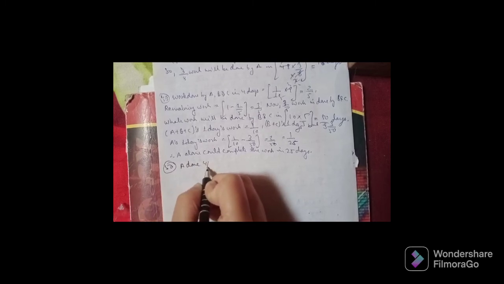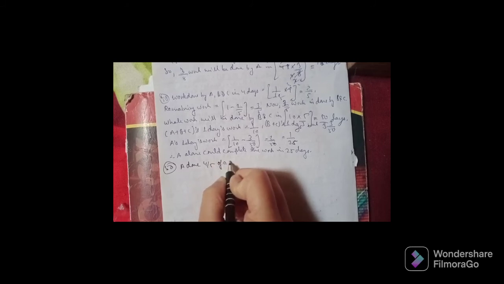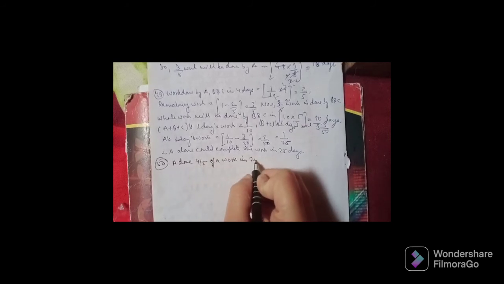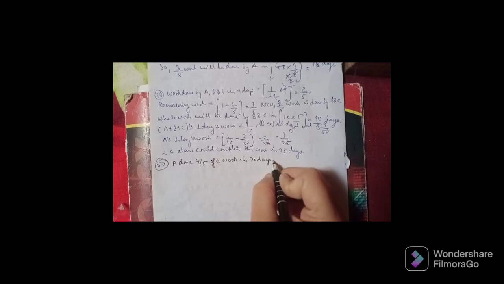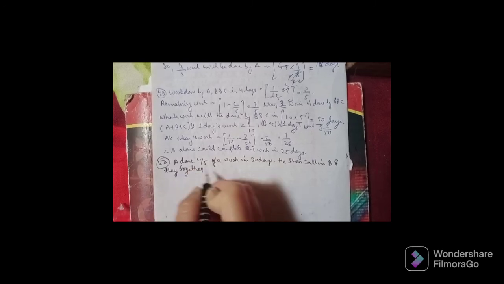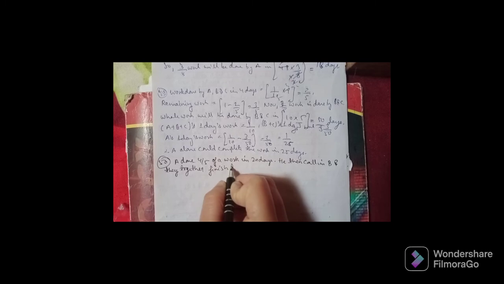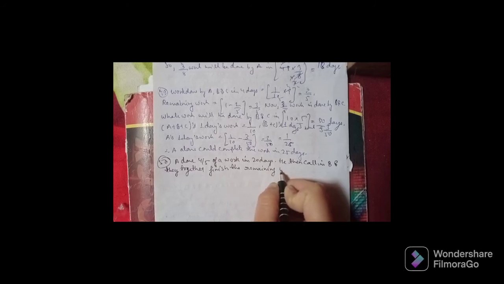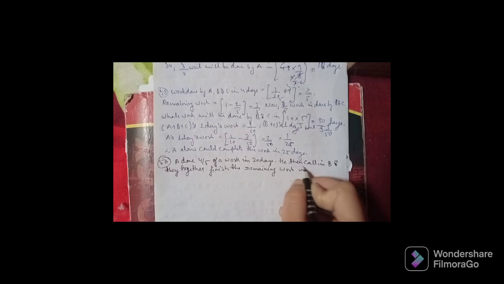A does 4 by 5 of a work in 20 days. He then calls in B and they together finish the remaining work in 3 days.